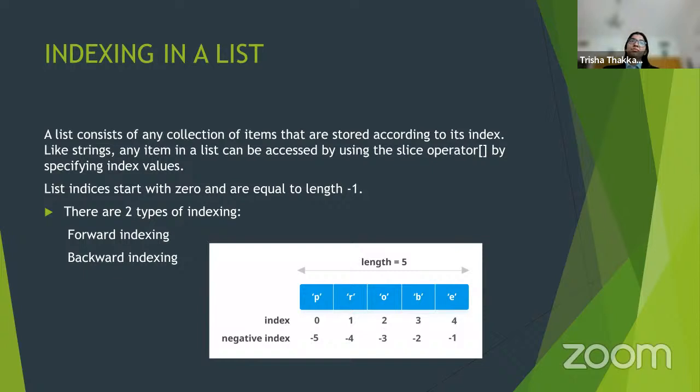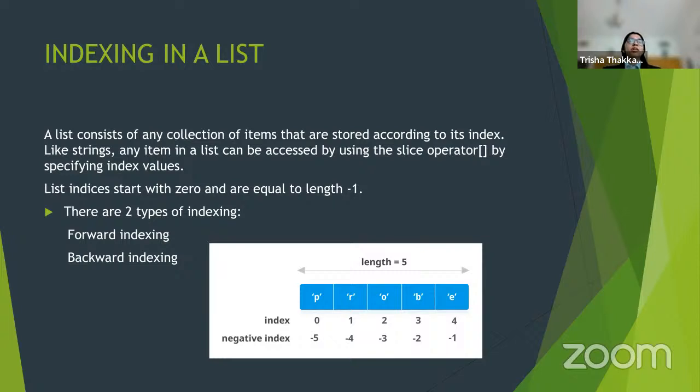Indexing in a list. A list contains a collection of items which are stored according to their index. Like strings, any item in a list can be accessed using the slice operator, which is the square brackets, by specifying its index.